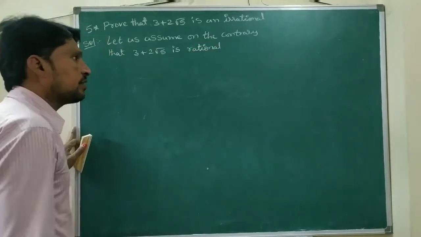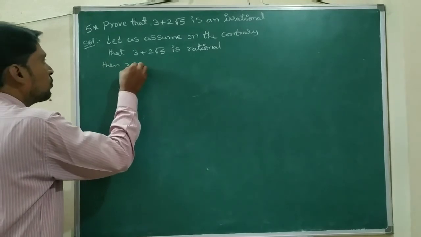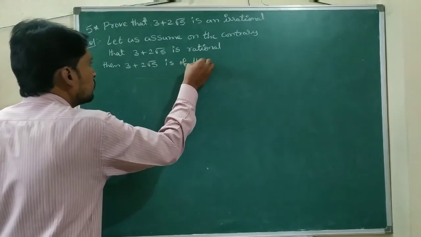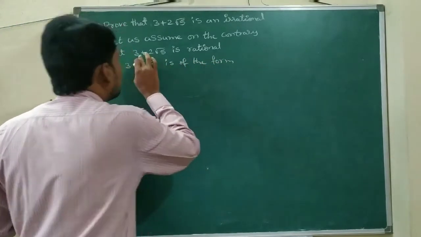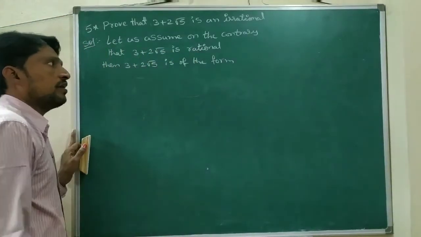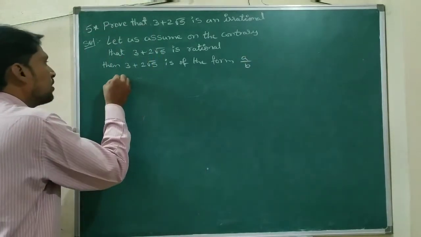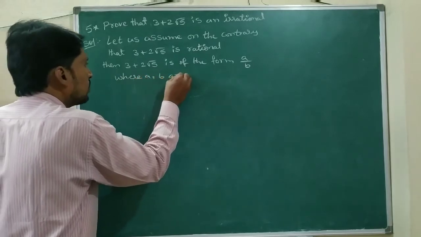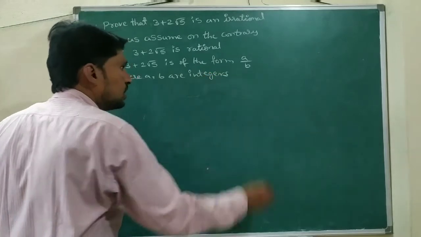Then 3 plus 2 root 5 is of the form a by b, where a, b are integers.